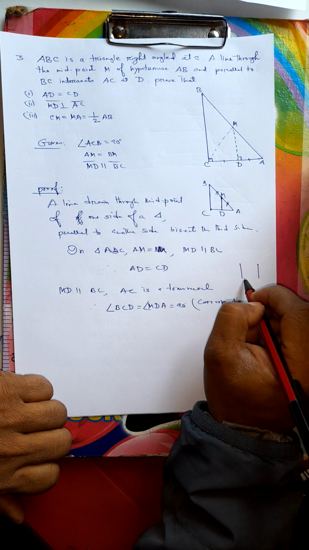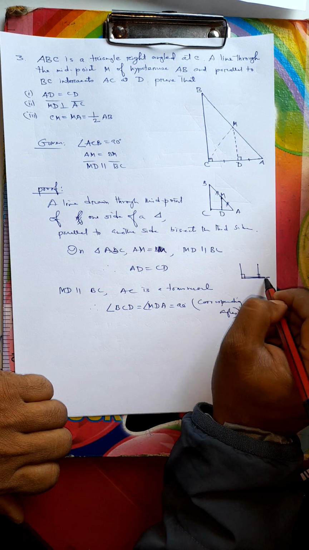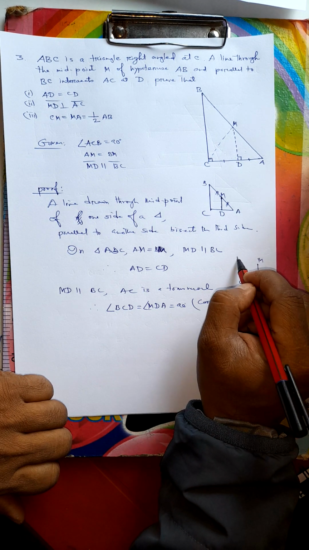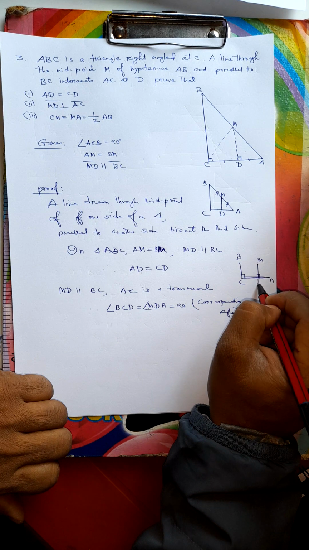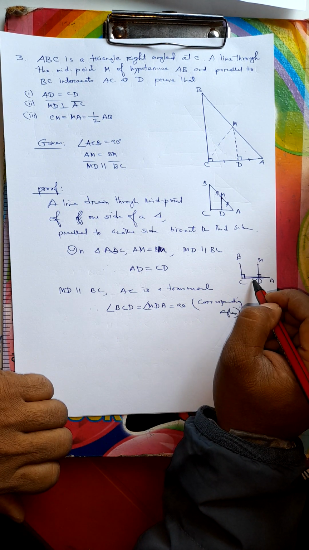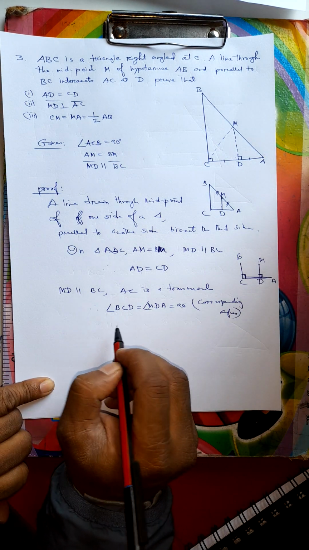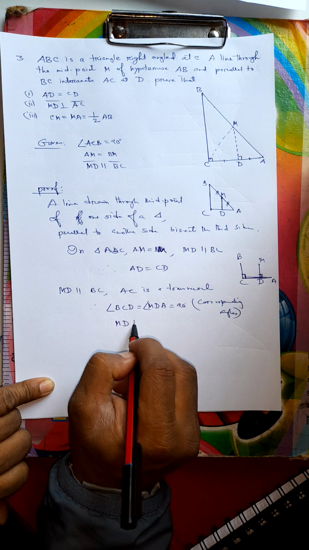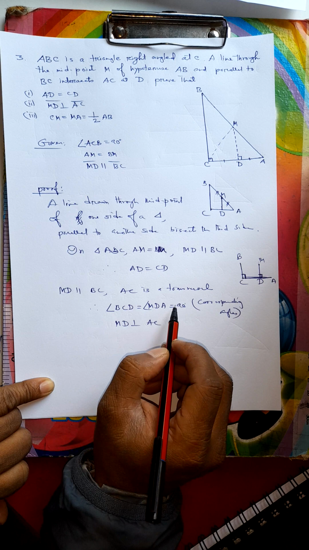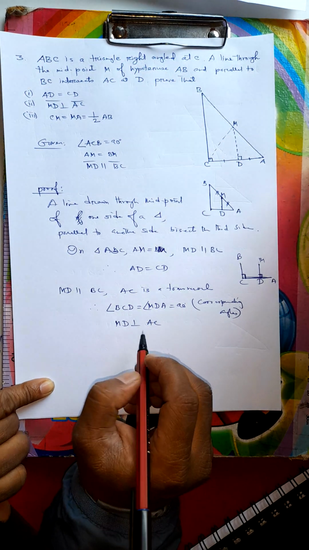CA is a transversal, BC is parallel to MD, and these two angles will be equal. Why? They are corresponding angles. So MD is perpendicular to AC, since MD makes a right angle with AC.